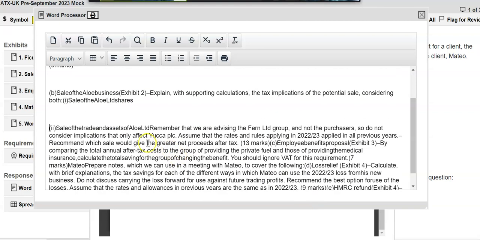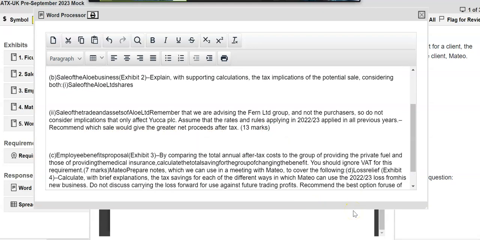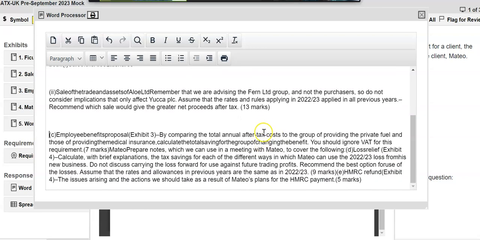Oh, and yes, you missed this part B2. Actually, I checked your mock on the my ACCA website, but it was not there also. So probably you missed it.